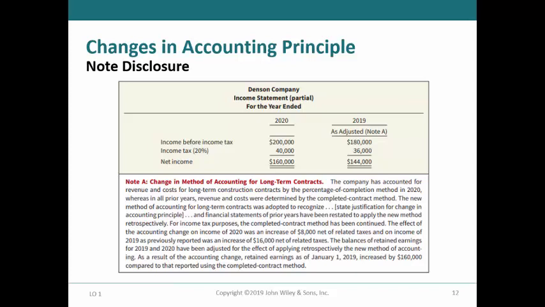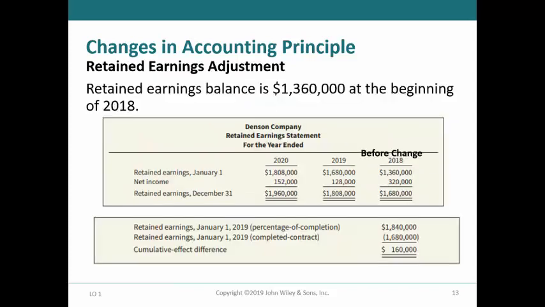The increase in net income for 2019 was $16,000 net of tax, and the cumulative effect as of January 1st, 2019 increased retained earnings by $160,000.